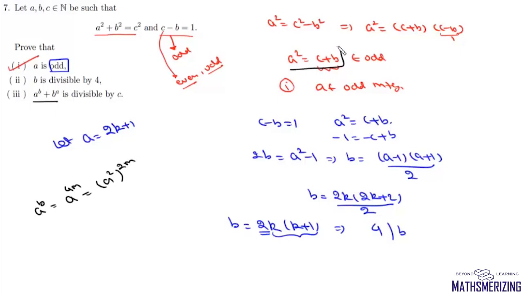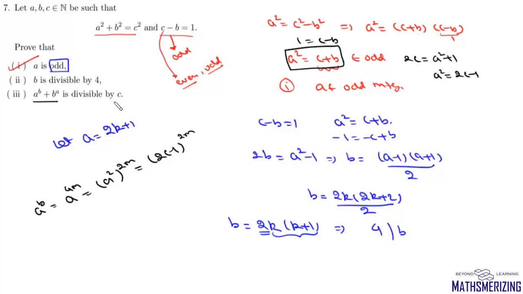Now A square is C plus B and C minus B is 1. So we'll add them. Then we can write 2C equals A square plus 1, and we can write A square as 2C minus 1. Then we can write this as (2C minus 1) to the power 2m.